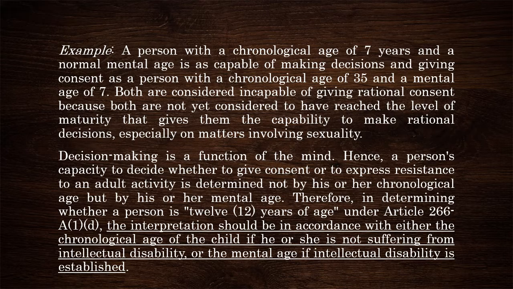In determining whether a person is 12 years of age under Article 266-A, Paragraph 1D, the interpretation should be in accordance with either the chronological age of the child, if he or she is not suffering from intellectual disability, or the mental age if intellectual disability is established.